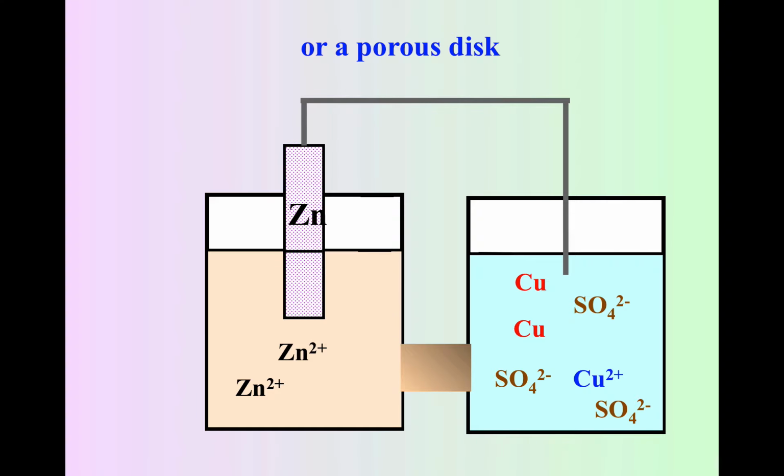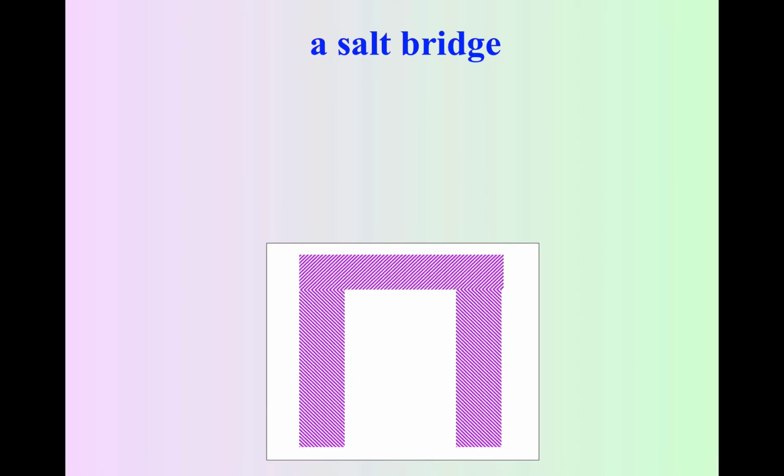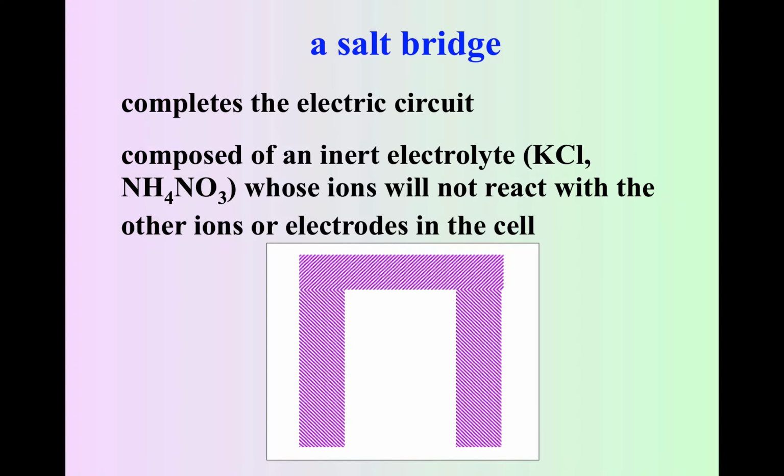Or sometimes they use a porous disc, which allows ions to flow across from one side to the other. So a salt bridge completes the electric circuit by putting some sort of non-reactive ions in the salt bridge. So as charge builds up on the one side, the cations run over to the negative side, and the anions run over to the positive side of the electrolytic cell.